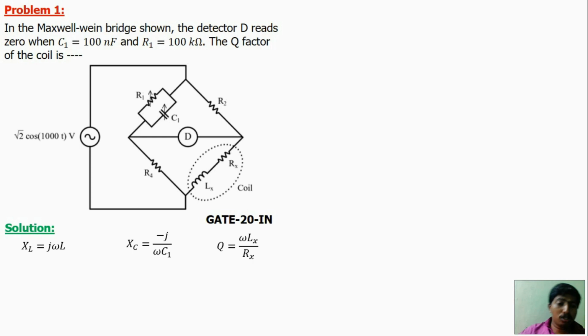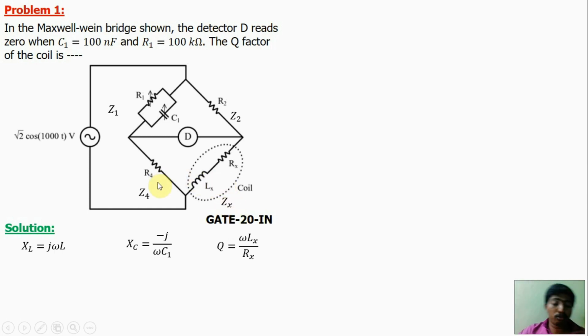For this circuit, we cannot use mesh analysis or node analysis. We have to use the balanced condition, because the null detector reading 0 means balanced condition. So let us take this impedance, the parallel combination of R1 and C1, as Z1, this is Z2, and this combination of R and L is ZX.